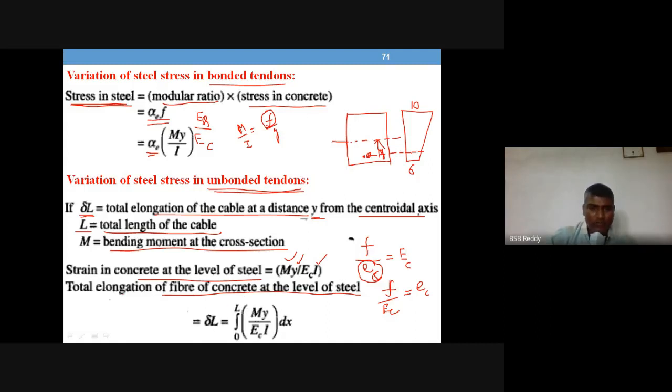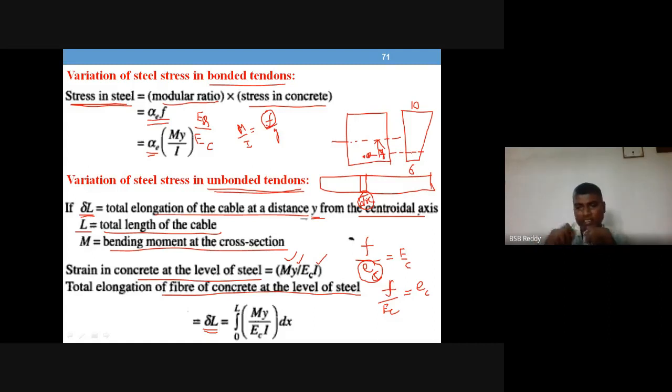So the total elongation is nothing but the integration from 0 to L. If this is a beam of length L, what you have considered is only a dx portion. If you want the total strain for the total length, that is the strain for dx length, where strain means change in length by original length.